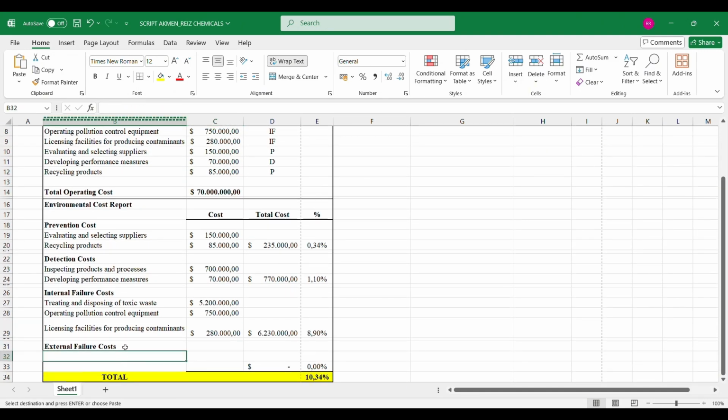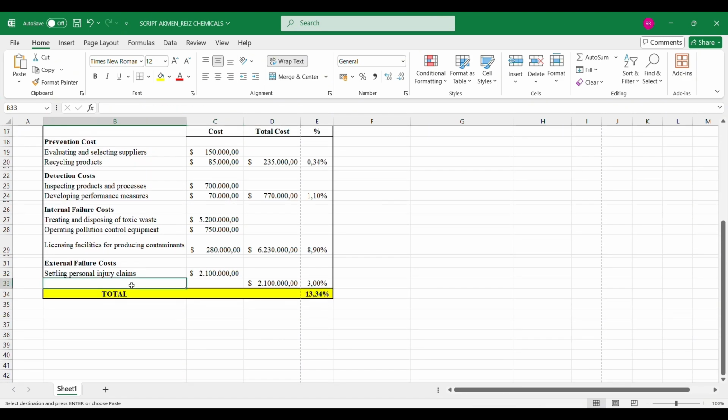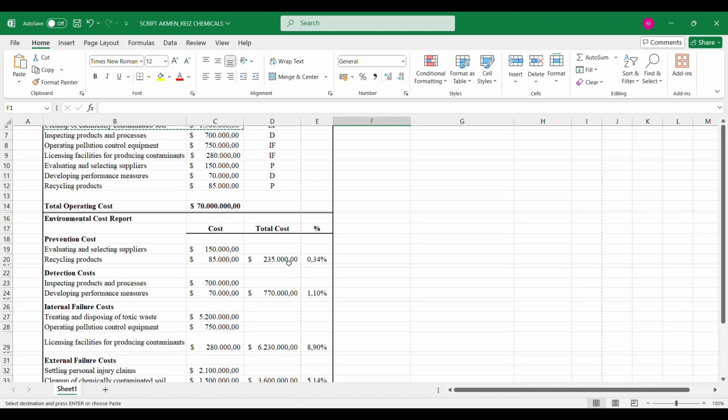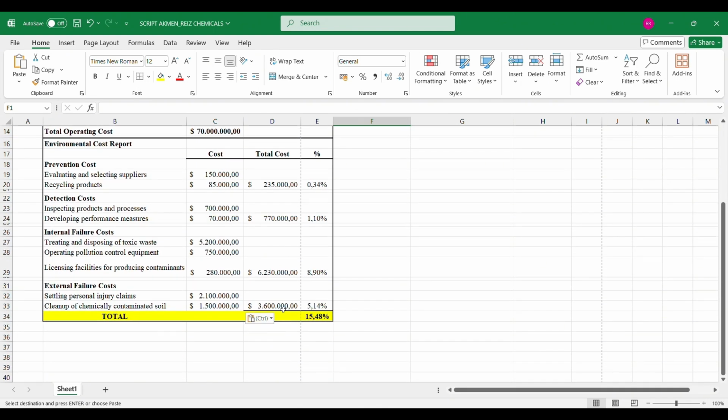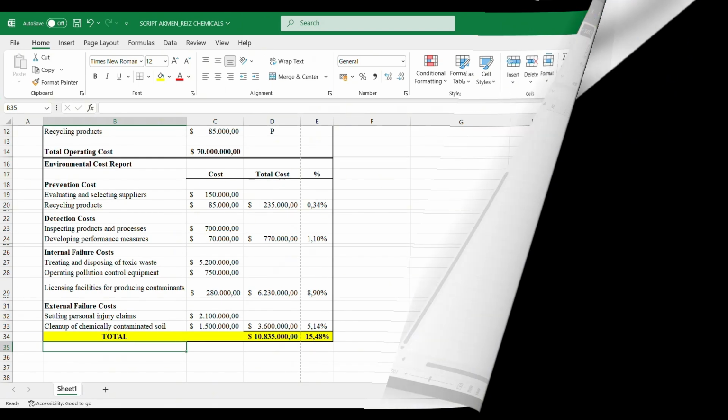Then we calculate the amount of these costs according to each category. 4. Then calculate the percentage by dividing the total costs by the total production costs and multiplying by 100%. 5. After calculating the percentage, don't forget to calculate all the overall costs and the overall percentage.